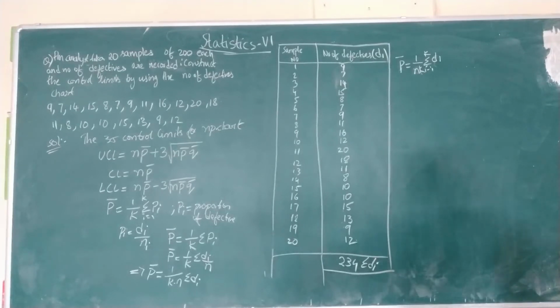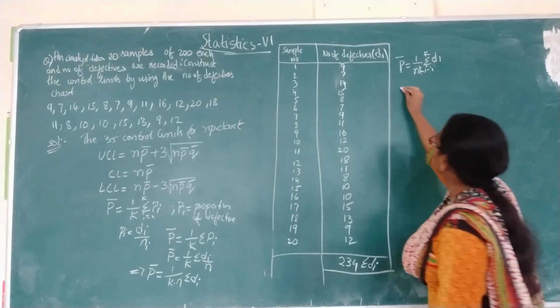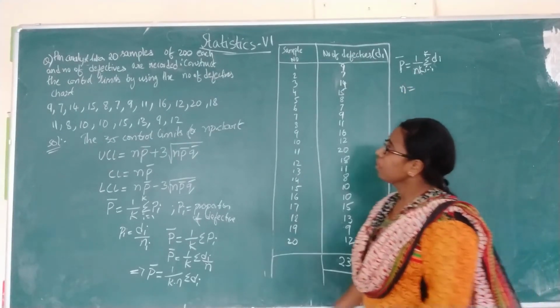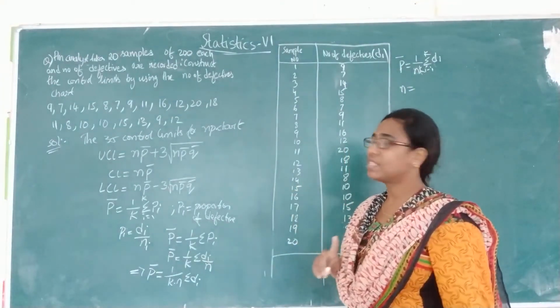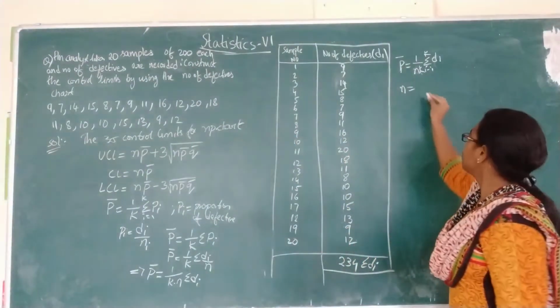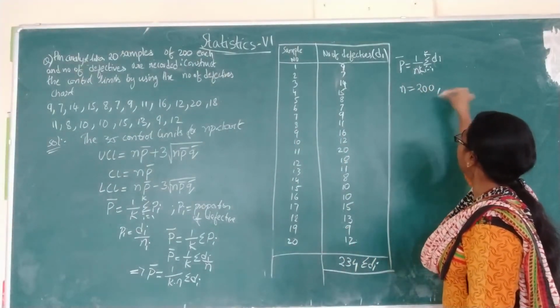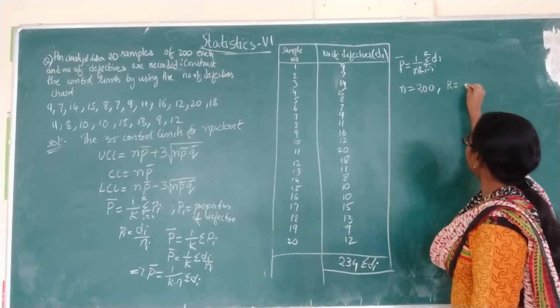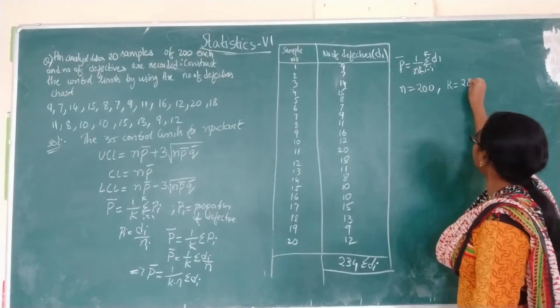Now substitute n, k and summation Di values. What is the n value? They have given the sample size. N is the sample size, each of size 200. So n value is 200 and k value, that is number of samples, is 20.